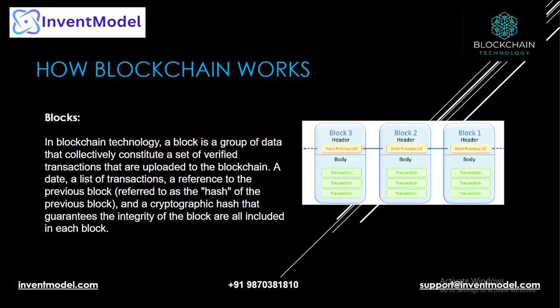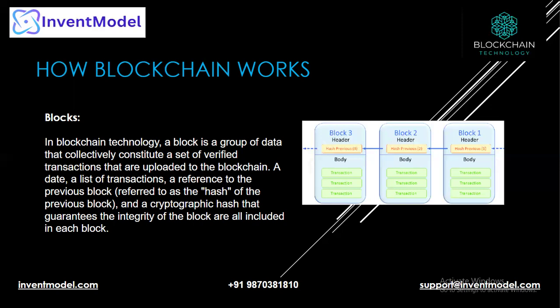Suppose we have a chain and bind many blocks with the chain, so one block is connected to the other block with a chain. The blockchain is a chain-like structure in which one block is connected to the other block. This block has a header, hash, and the body.